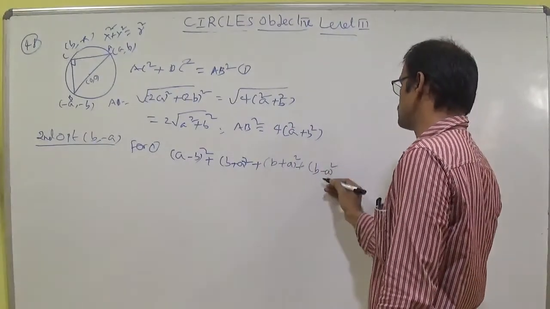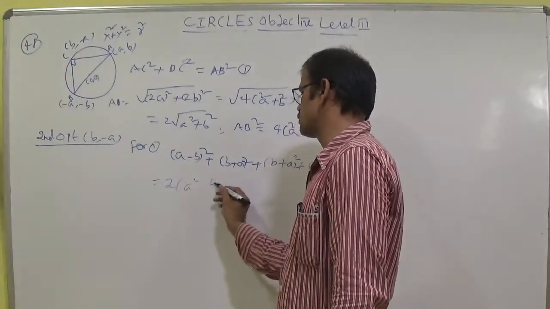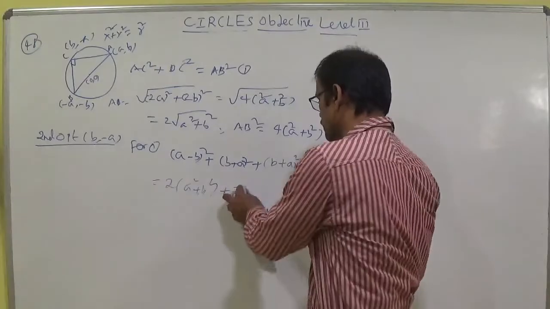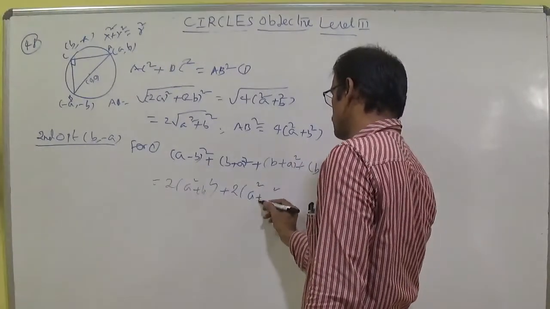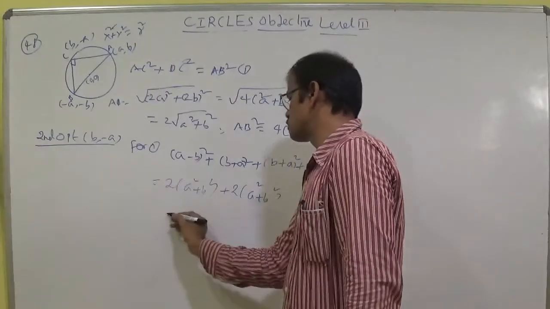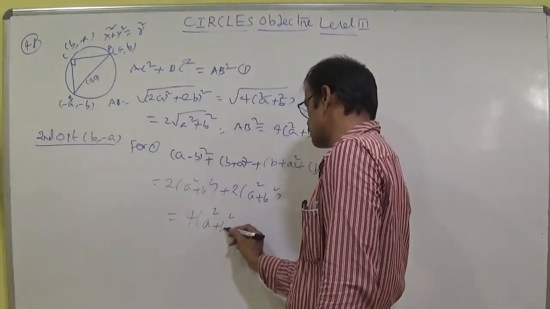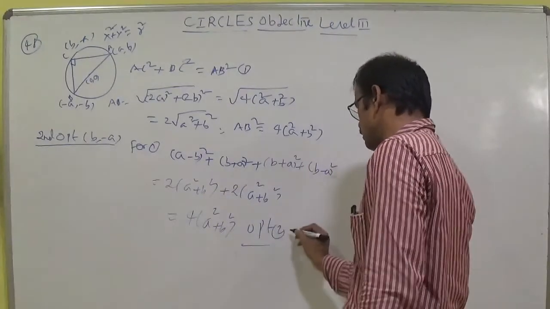So B minus A whole square. Here you can write the formula 2 into A square plus B square. Here also we can write the formula 2 into A square plus B square. Now it is okay. So 2 into A square plus B square plus 2 into A square plus B square is 4 into A square plus B square. So option 2 is verified.